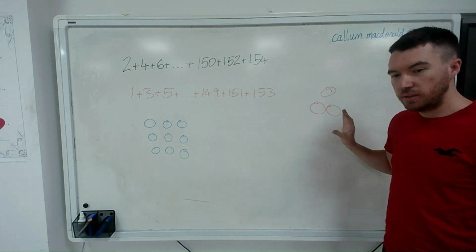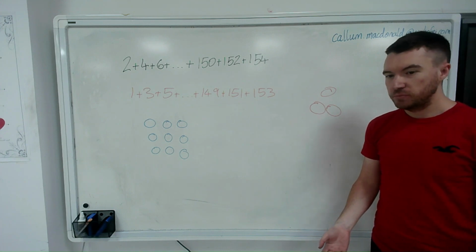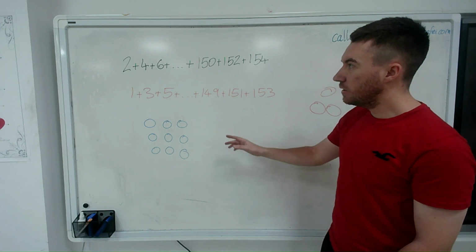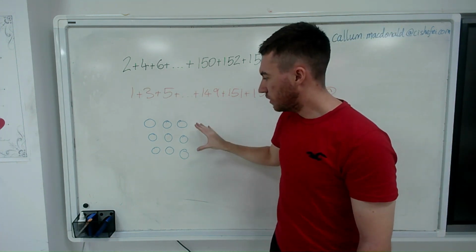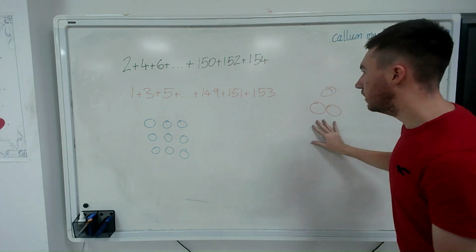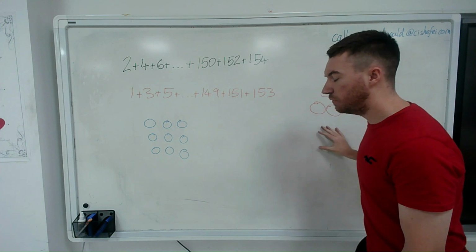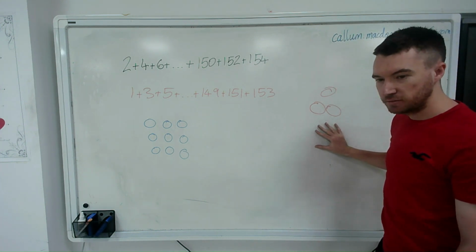Well, the number of circles that would be left here is the number of terms. Right, and we can see this already starting to happen. If I have three terms, I'll draw a 3 by 3 and I'll have 3 left. If I have 5 terms, I'll draw a 5 by 5 and I'll have 5 left. So I'll have 5 more.